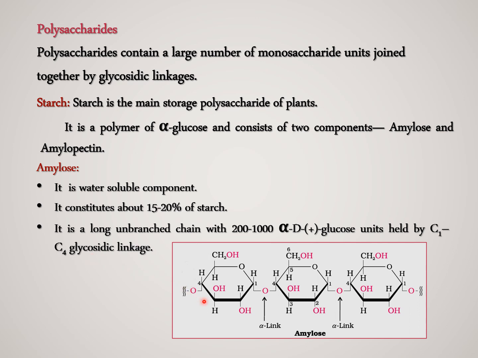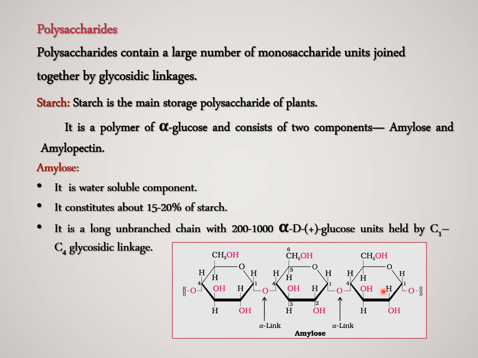So let us check this formula. This is the structure of glucose actually, where you have carbon number 1, OH below the plane, carbon number 2, OH below the plane, OH above the plane at carbon 3, and at carbon 4, OH below the plane.